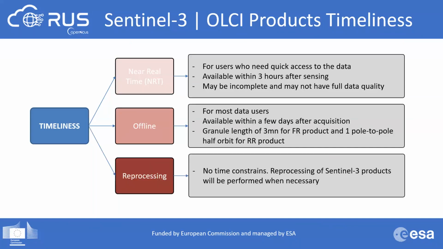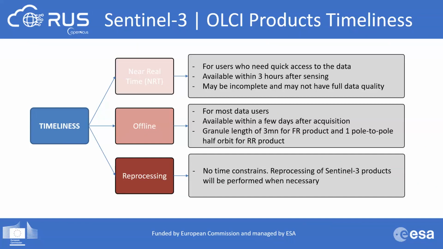Last available timeliness is the reprocessing timeliness. For this one, no time constraint, and the reprocessing of Sentinel-3 products will be performed whenever necessary. What does it mean? It means that currently, some new algorithms are being investigated by the space agencies or some improvements are being developed.